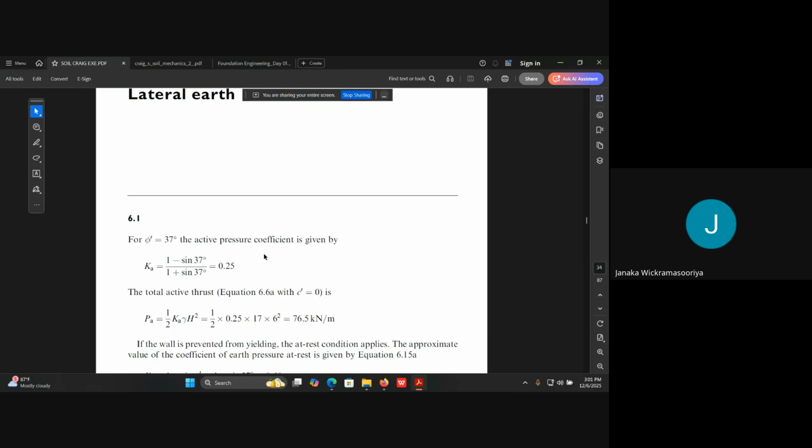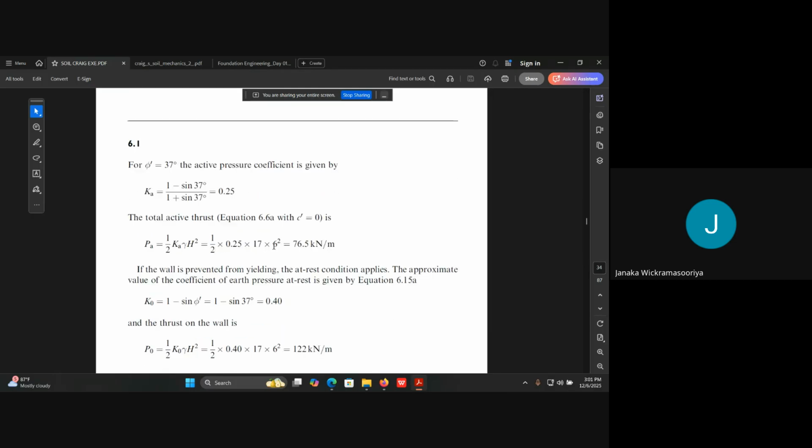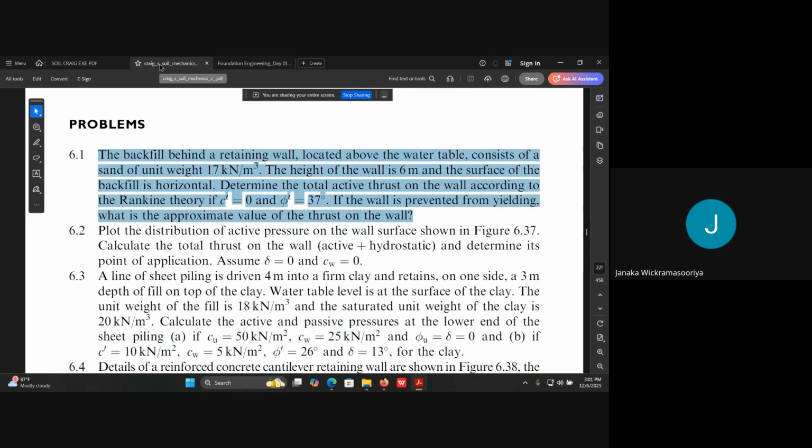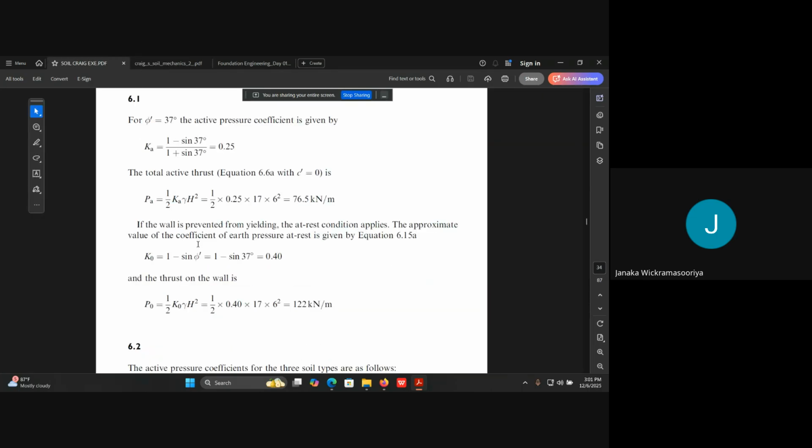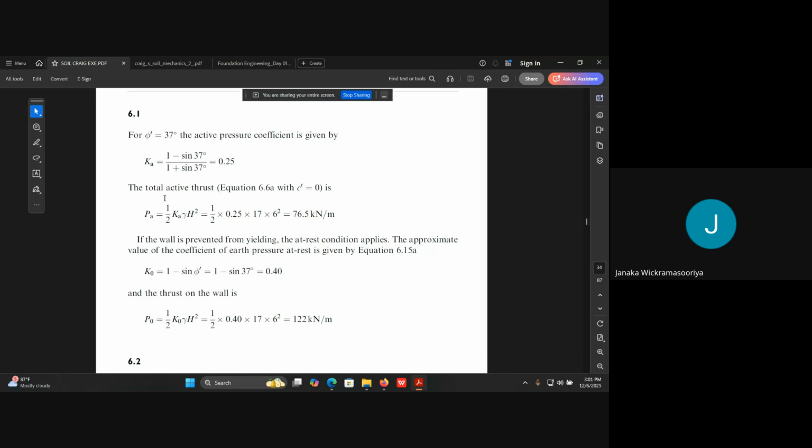So first, what you can do is determine the Ka value, and then you can determine the active force, and then the pressure force.